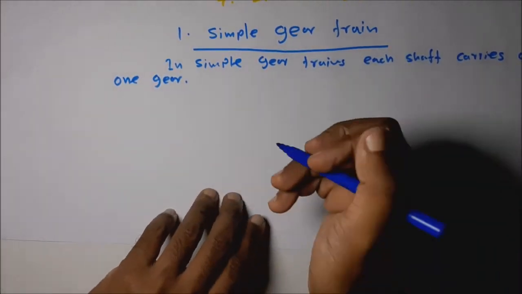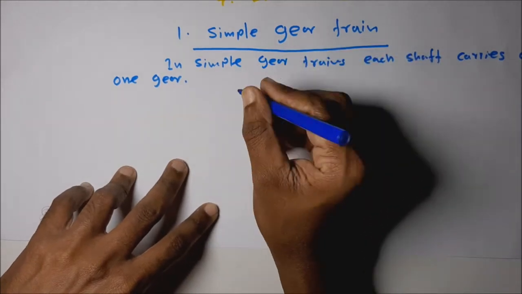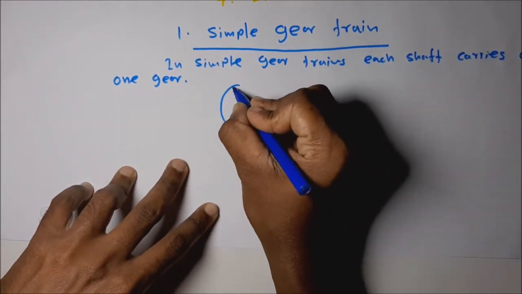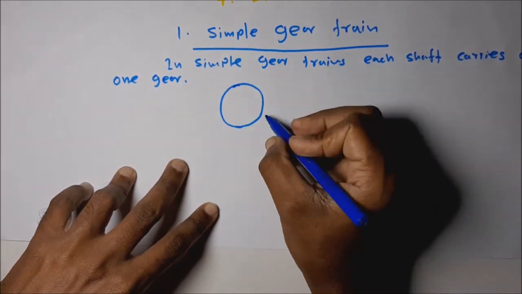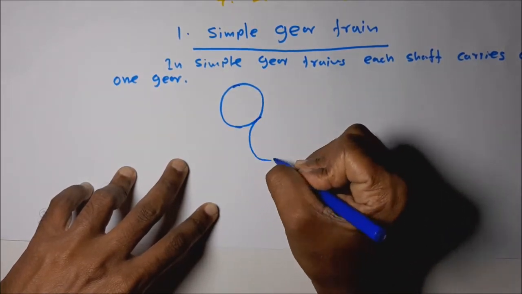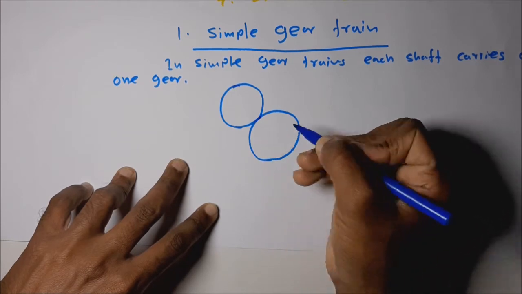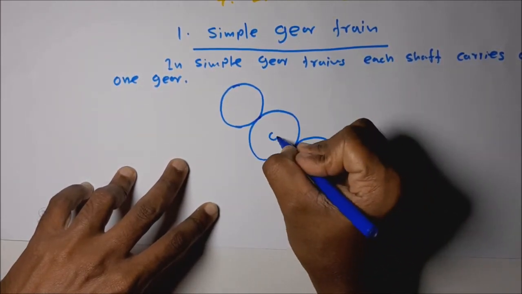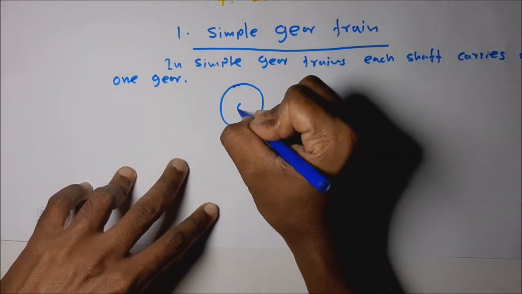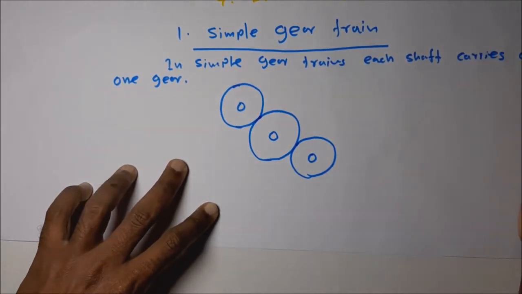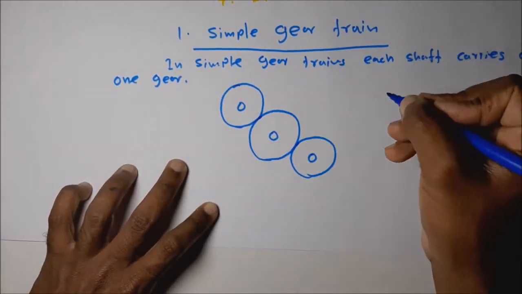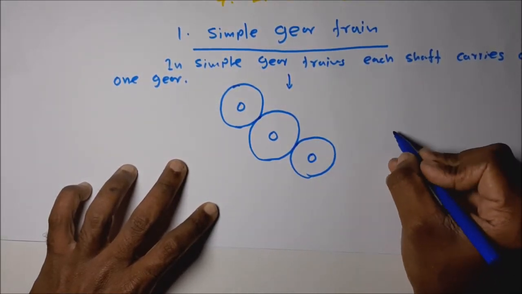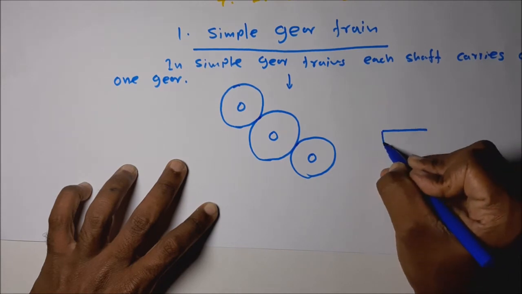Okay, let's take this as the example. You can see one gear wheel, another gear wheel, another gear wheel. All three of these gear wheels are connected to separate shafts. If you look from the plan view, you can see something like this.